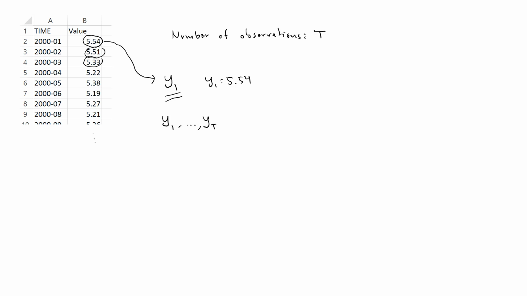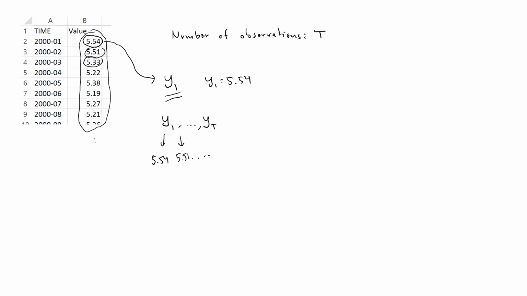I perform the experiment by letting time go, and y1 returns a number, say 5.54, y2 returns another number, 5.51, and so on. So even though it's kind of a philosophical discussion, we sometimes view this particular set of data as just one particular realization of the sequence.